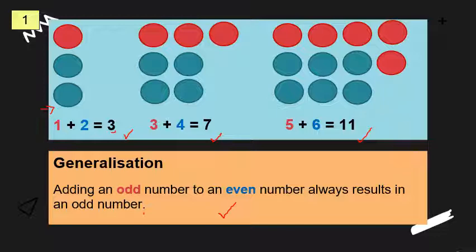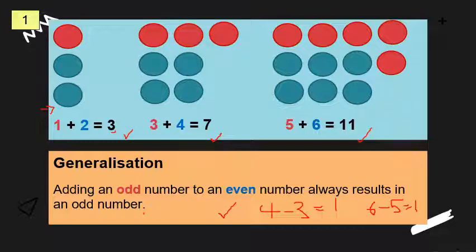Now, knowing what I know about the inverse relationship between addition and subtraction, I can actually get another generalization from this, and that could be that subtracting an odd number from an even number always results in an odd number. So let's say we've got 4 minus 3 equals 1, or 6 minus 5 equals 1.